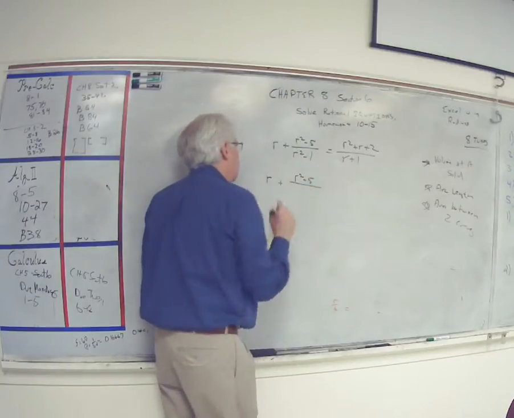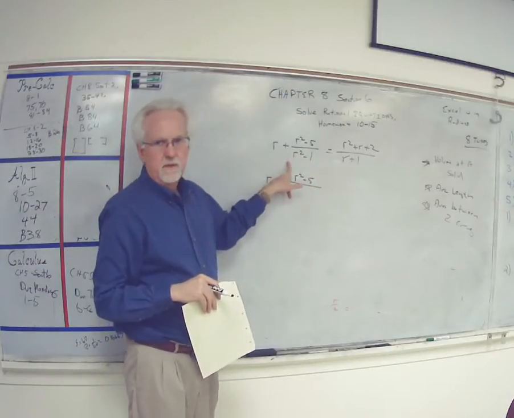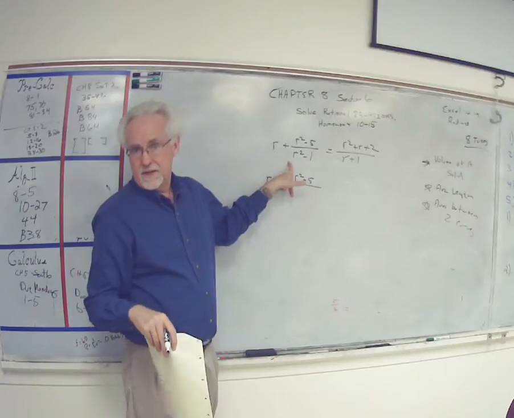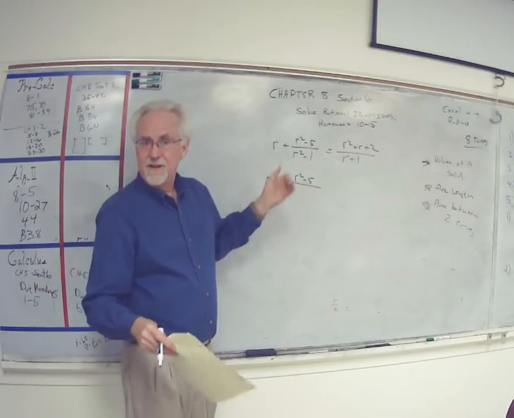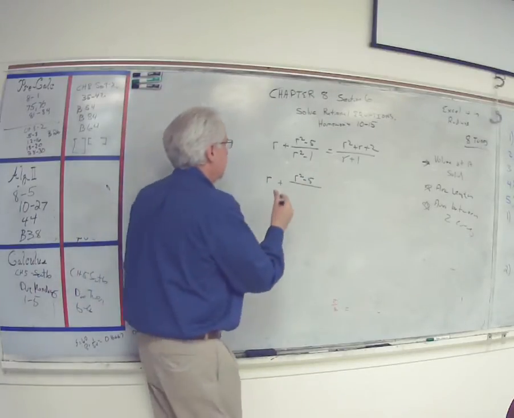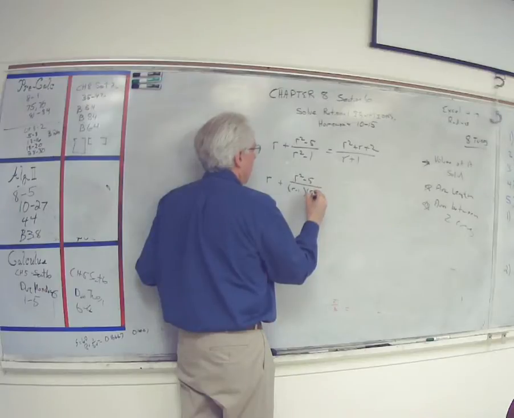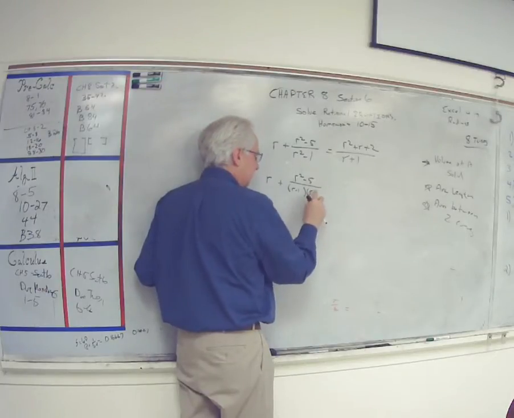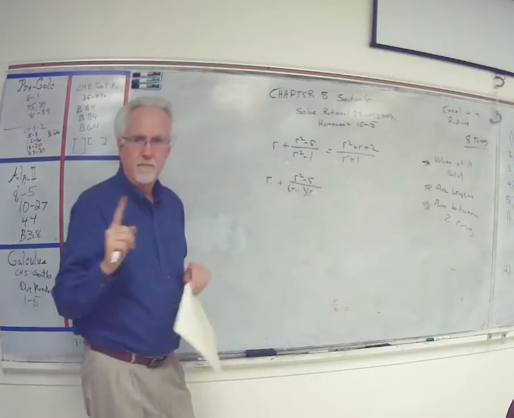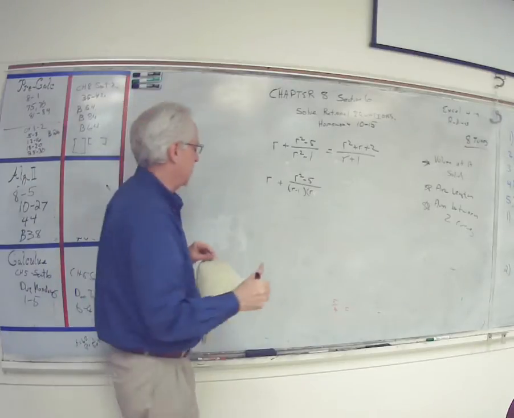Okay, Jaden, can I do anything with the denominator? Yes. What is it? It's a difference of perfect squares. Very good, Jaden. And so what would that be? R minus 1 and r plus 1. Okay.